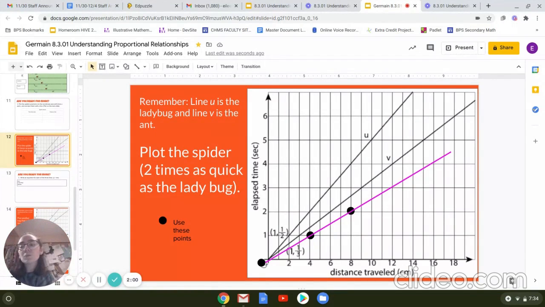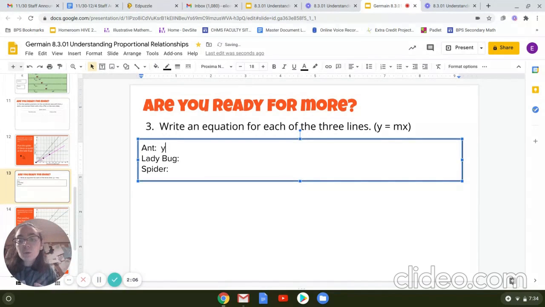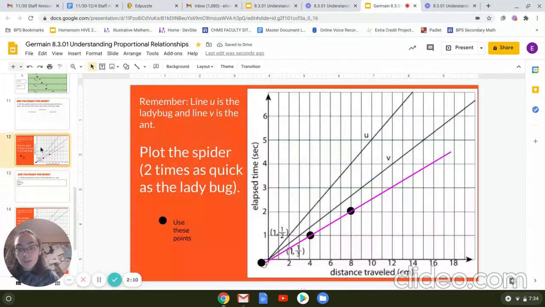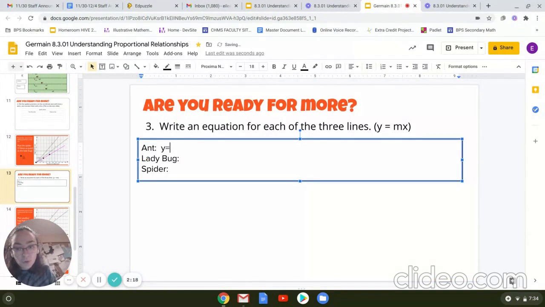So for the ant, we're going to say y, or the time, the t, the y is equal to, or we could also say the t is equal to, because we're talking about time.